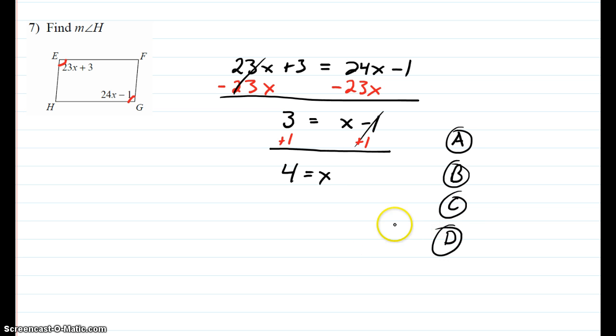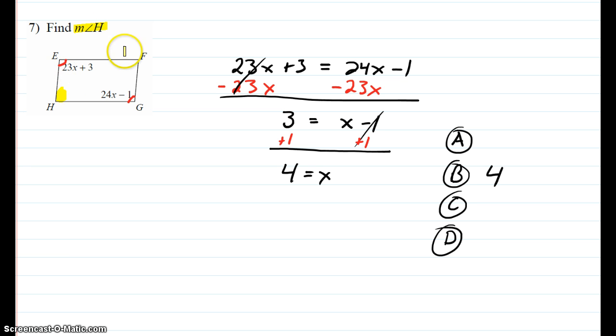If this were your final, and you looked over here and you saw 4 as an answer, and you shaded in 4, or you circled B for your answer, you'd actually be incorrect, because the question says, find the measure of angle H. So we want to know what angle H is right here.